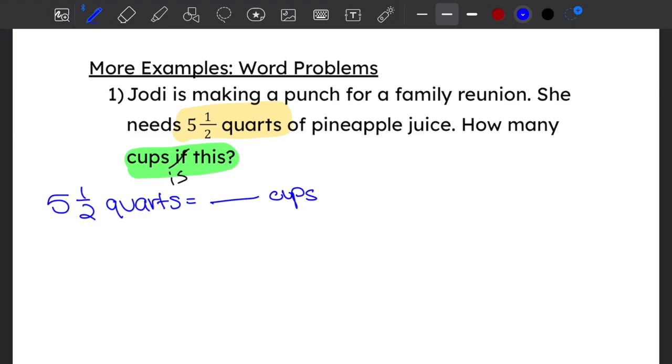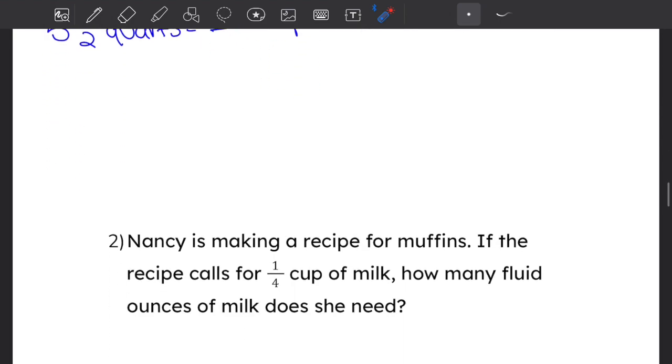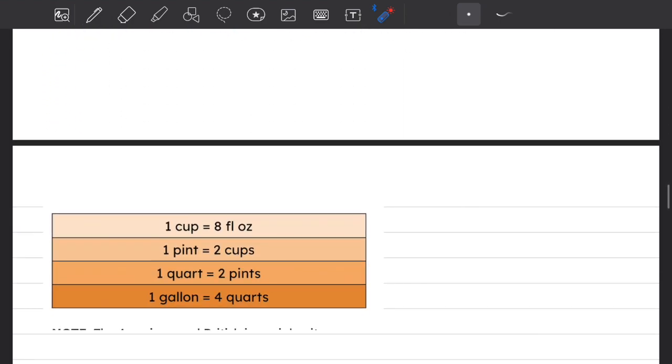So let's look at our conversions to see if there is a relationship between quarts and cups. Well, no, there isn't. There's a relationship between quarts and pints, and then pints and cups.